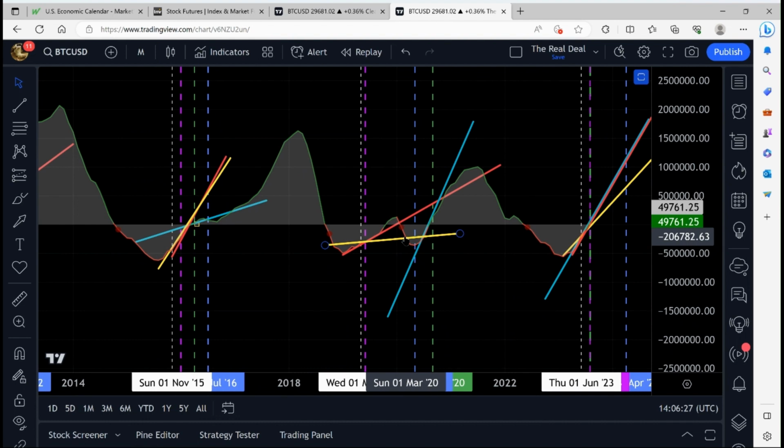And back here, a couple of them were very shallow. This one was steeper. And this green one is when price action actually did move upwards and was supported by the slope of this line.